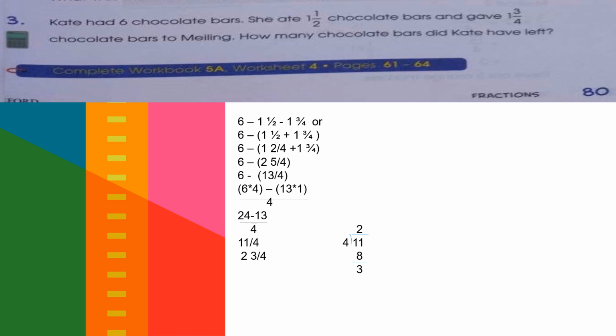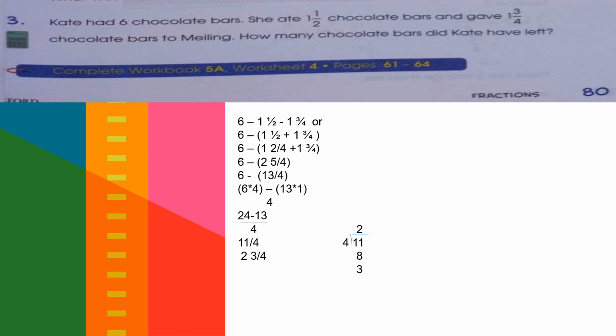We can directly solve it by taking the total 6 chocolates, and we can subtract the amount of chocolates Kate ate, and also subtract the amount of chocolate she has given to Mailing.